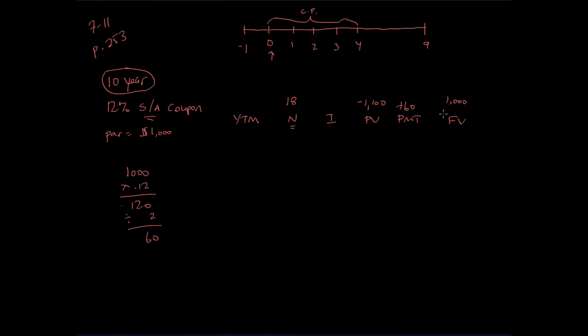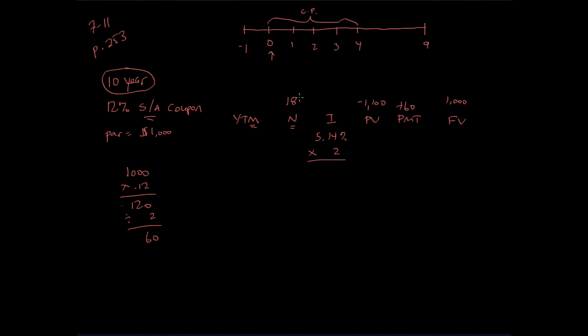Remember, the call premium only kicks in if the bond is called. In this case, when we're calculating yield to maturity, the call premium will not kick in. We'll just get our normal $1,000 back. So now that that's set up, plug into the calculator, you'll get 5.14%.